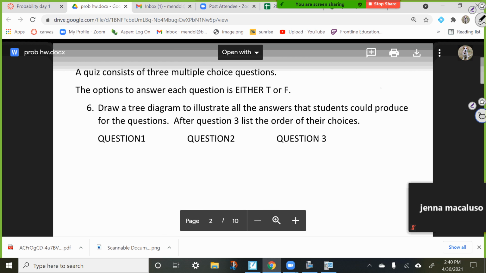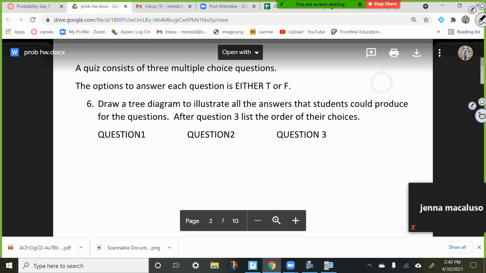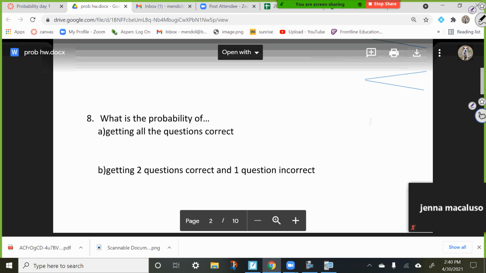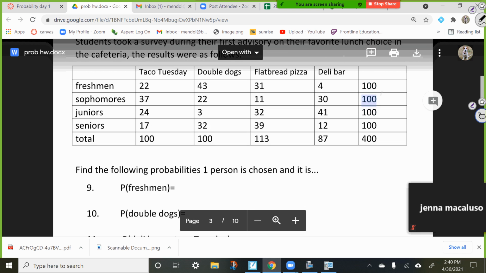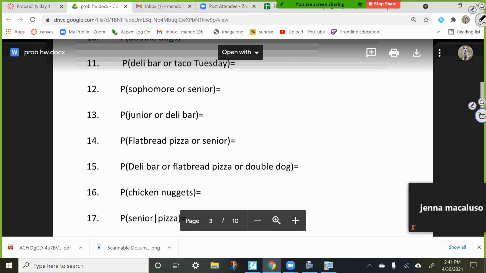Then number 6, we actually have the picture in your notes already, right? Then sample space, and then what's the probability? And then our last one is taking our M&M problems and putting them together.